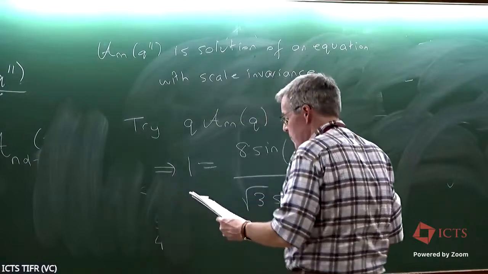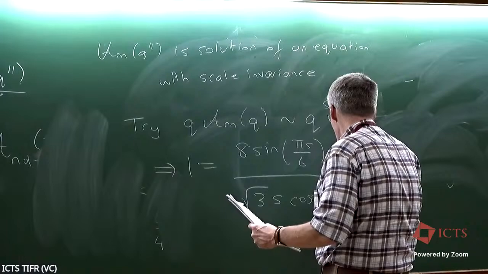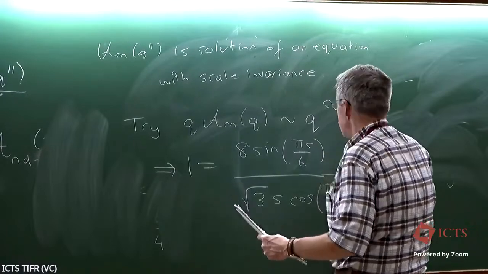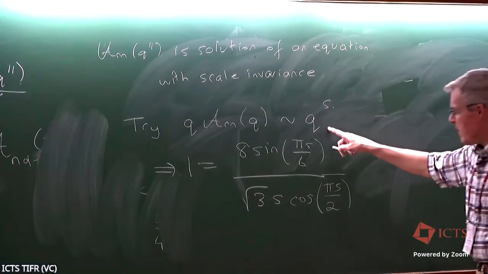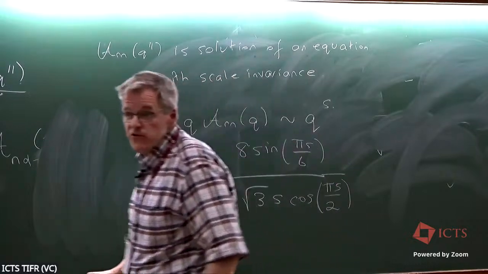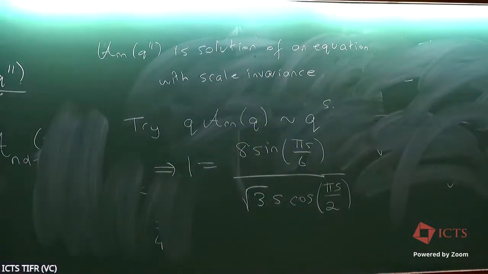So this number, this is a transcendental number, is the solution of this equation. And that's the solution of the integral equation in the ultraviolet. This is a power law with the power given by the solution of this transcendental equation.